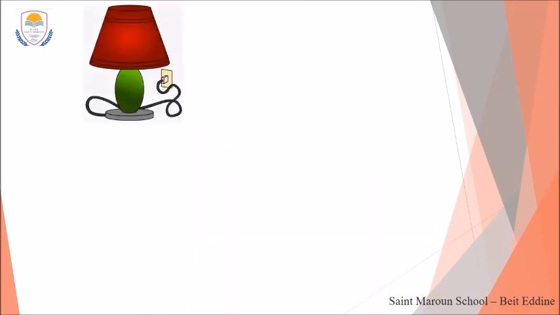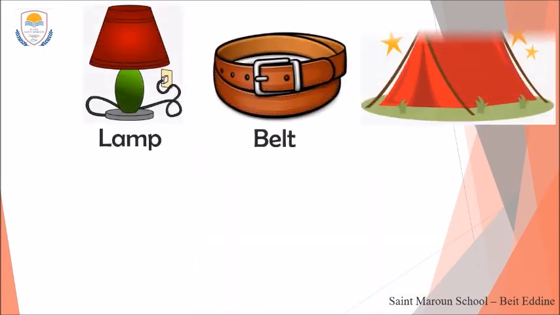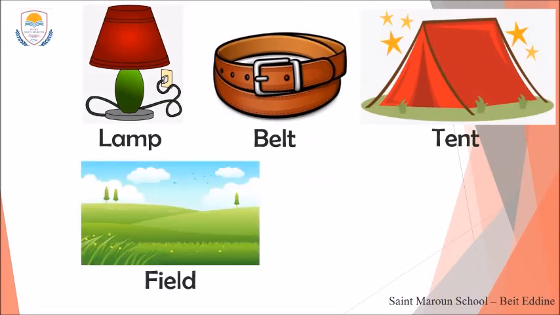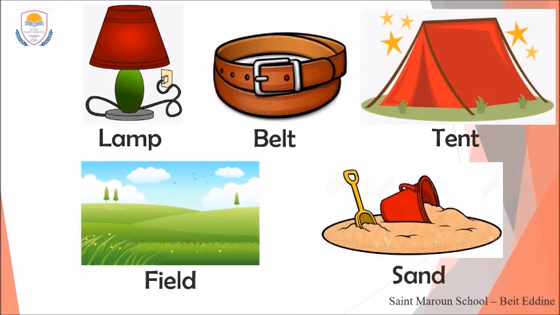Lamp, belt, tent, field, and sand. The first blend is MP, the second is LT, and I have NT, LD, and ND. I will repeat the words and I want you to repeat them after me and pay attention to each sound.